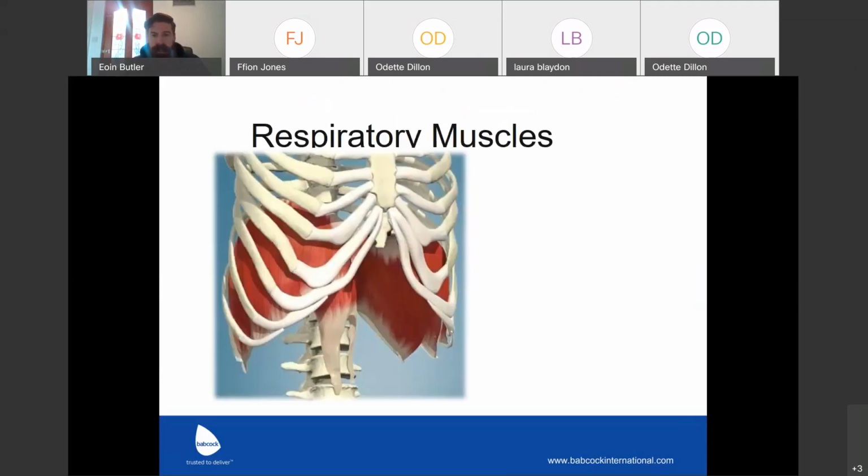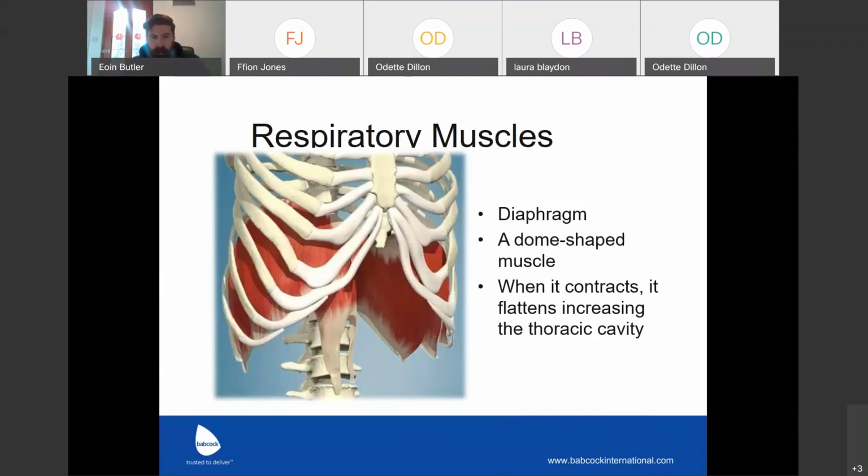The respiratory muscles then. The diaphragm sits below the lungs. It's a dome-shaped muscle. When it contracts, it flattens, increasing the thoracic cavity. When we look at breathing, the lungs themselves are not muscles. They are just 2 air sacs within the thoracic cavity.